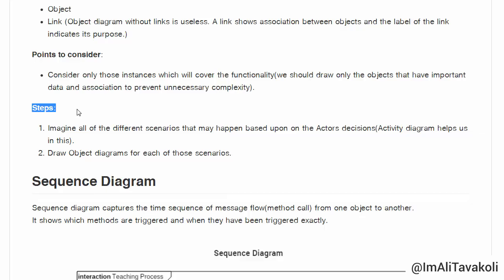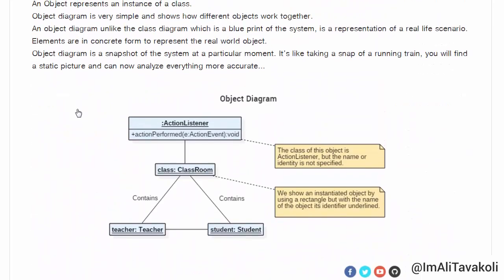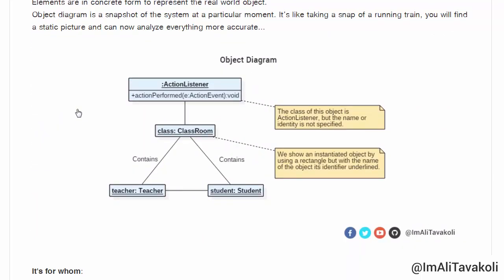Easy. Now let's take a little bit closer look at our object diagram example here. This is a simple object diagram, and it is actually a snapshot from a real scenario that can happen in our system.